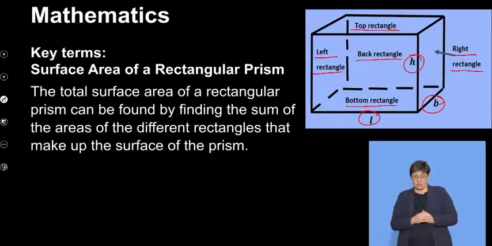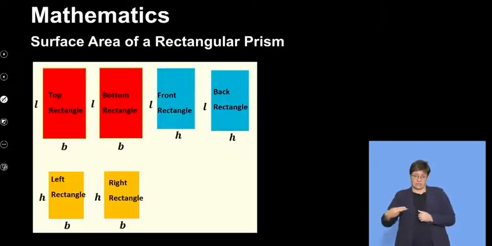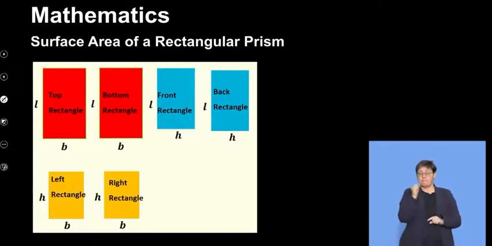The cube had all the same measurements, but for a rectangular prism, we have individual length, breadth, and height. If I'm going to be finding the surface area of the rectangular prism, I am going to first find the area of the top rectangle and the bottom rectangle, and we know that these are the same because it's almost like a box, the top and the bottom are the same. The front and the back are the same, and the left and the right are the same.